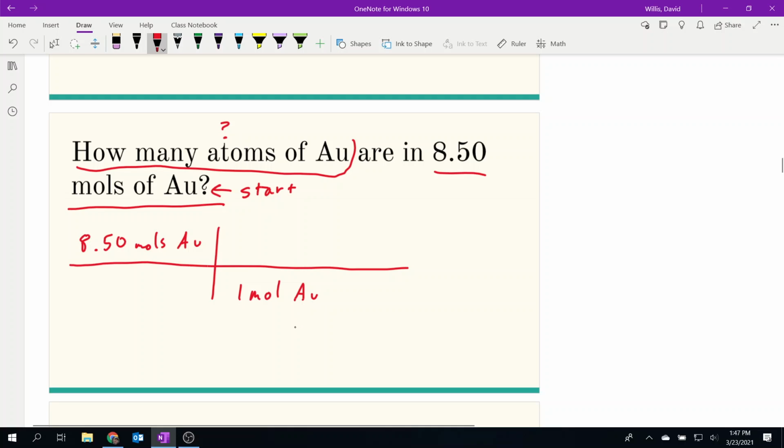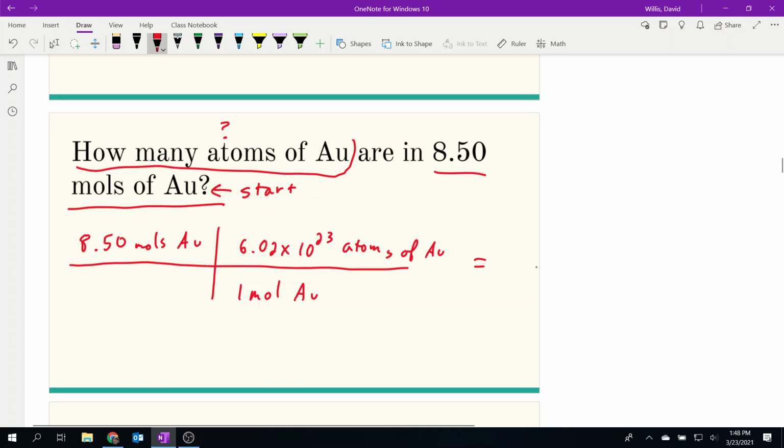And I know that 1 mole of gold is equivalent to, and then I will multiply through there and get a number of atoms. Somebody let me know when we get a value.